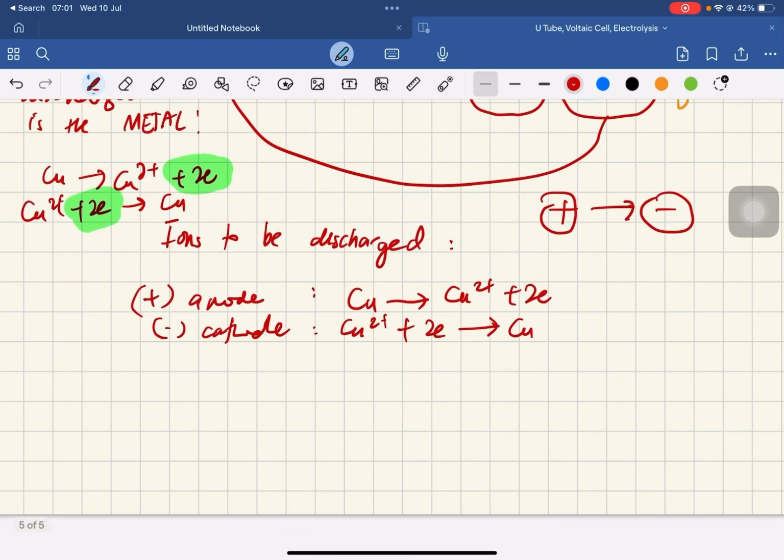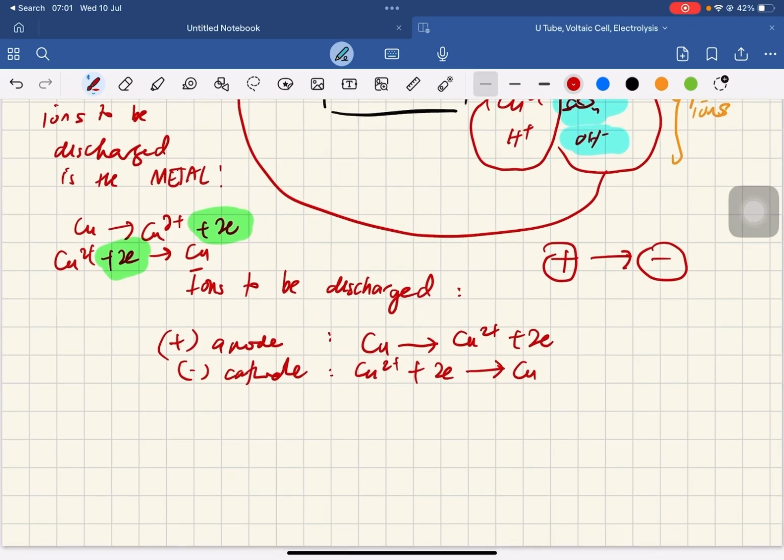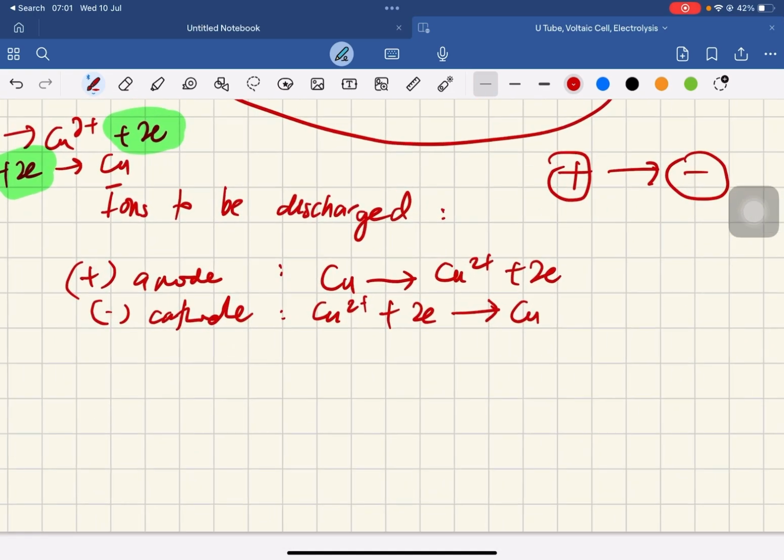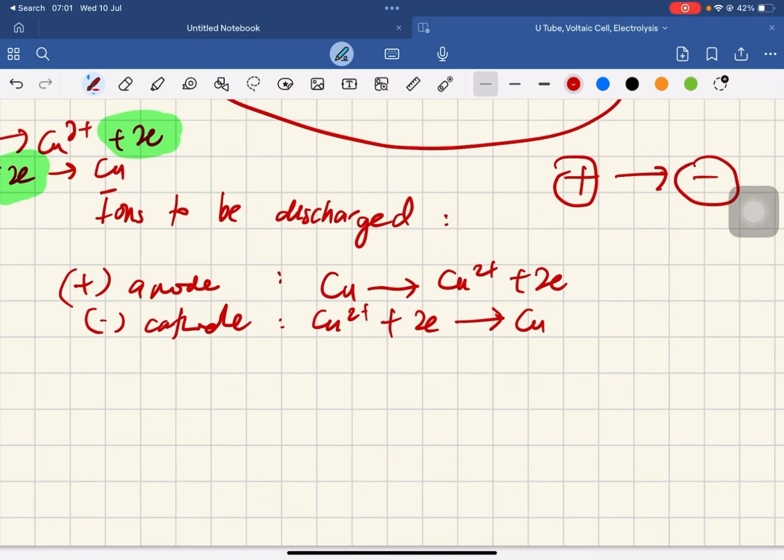So kalau you nampak sekarang kita ada this half equation, we can conclude bahawa at anode the metal become ion, while at cathode the ion become metal. Let's see the observation.